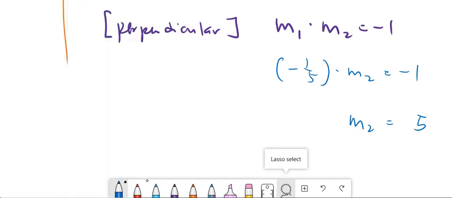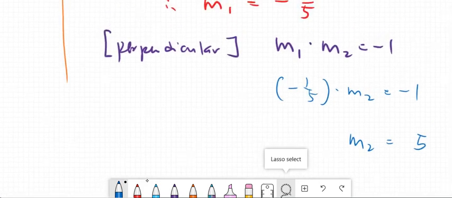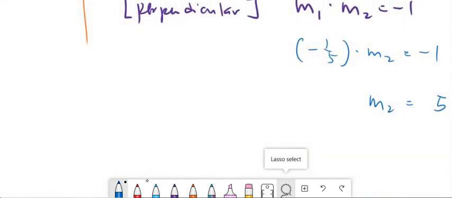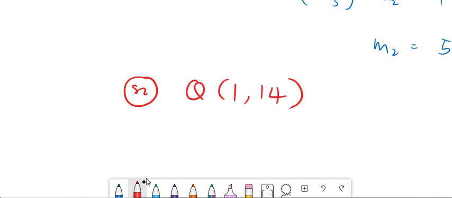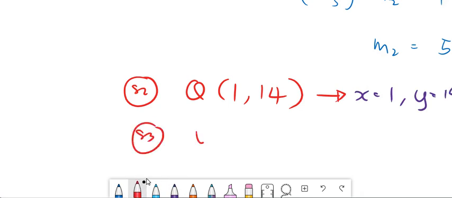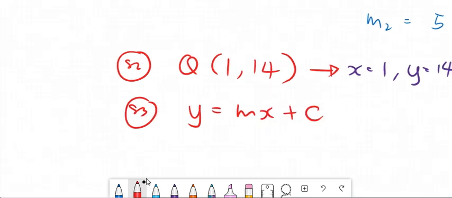Okay, so you have finished your step 1. What's your step 2? Pick a point. The point that you need to pass by will be the Q. So from here, highlight what is your x? 1. What is your y? 14. Step 3, your equation y equal to mx plus c.